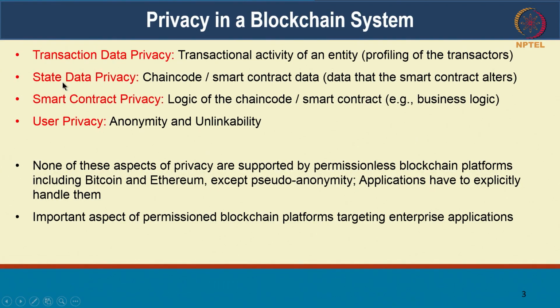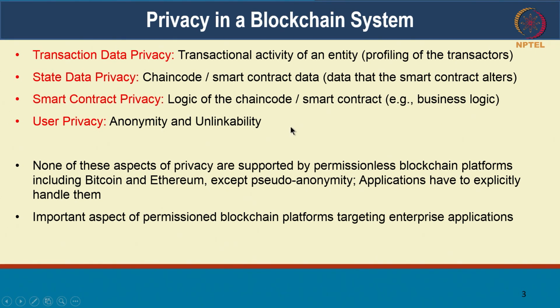Those 100 should appear as though they are coming from independent entities. That's the notion of unlinkability. So we want privacy at the level of transaction details, state data, the logic of the chaincode, which is the smart contract privacy, and also user privacy.